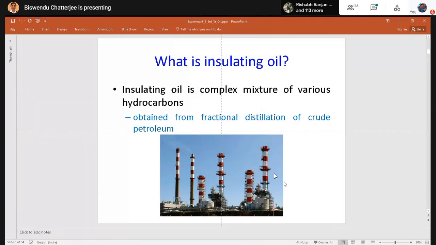Surprisingly, you will be knowing that this insulating oil is a complex mixture of various hydrocarbons, and it is obtained by fractional distillation of crude petroleum, the same process by which we get the petrol and diesel that we use in cars.